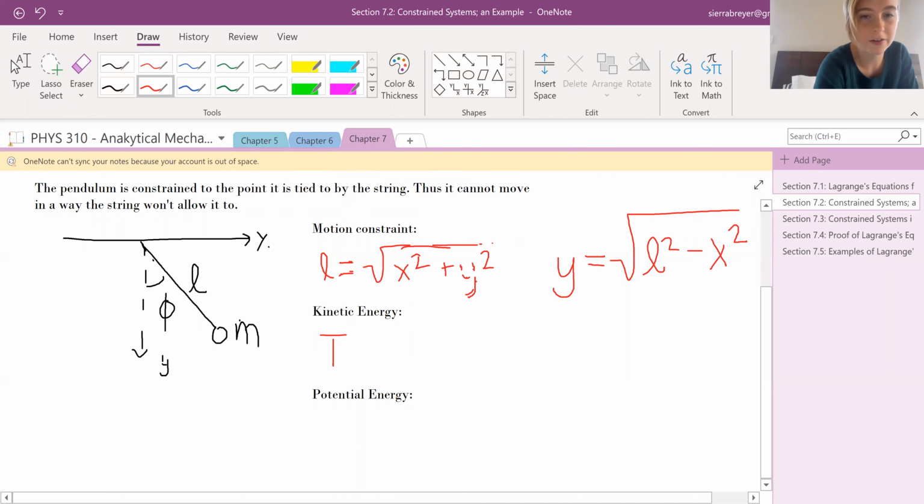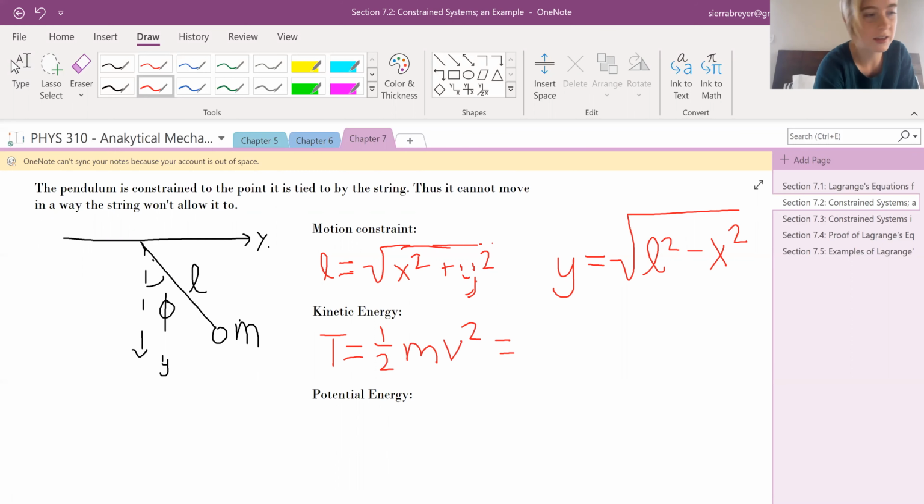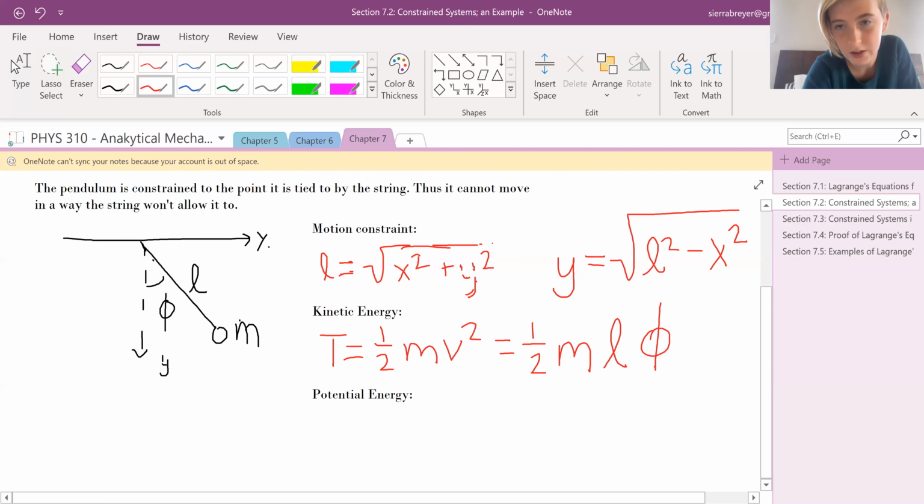The total kinetic energy is of course going to be equal to 1/2 mv squared, which in this case is going to be 1/2 m times whatever the length is, and then however that theta value changes with time, so the time derivative of theta, squared.